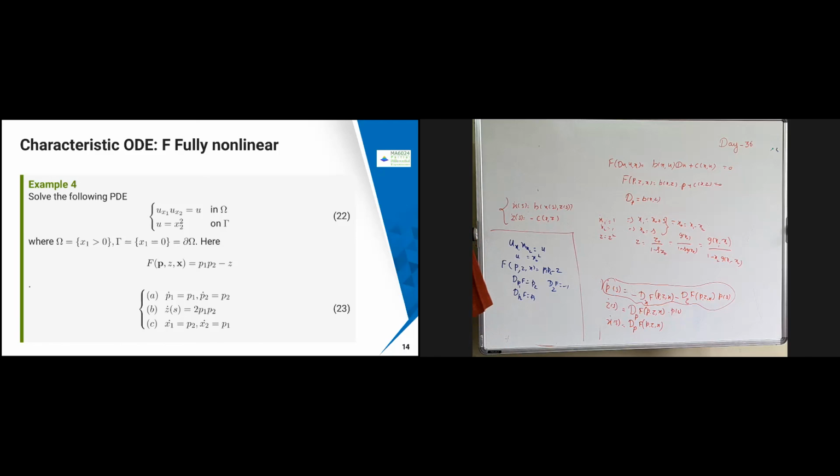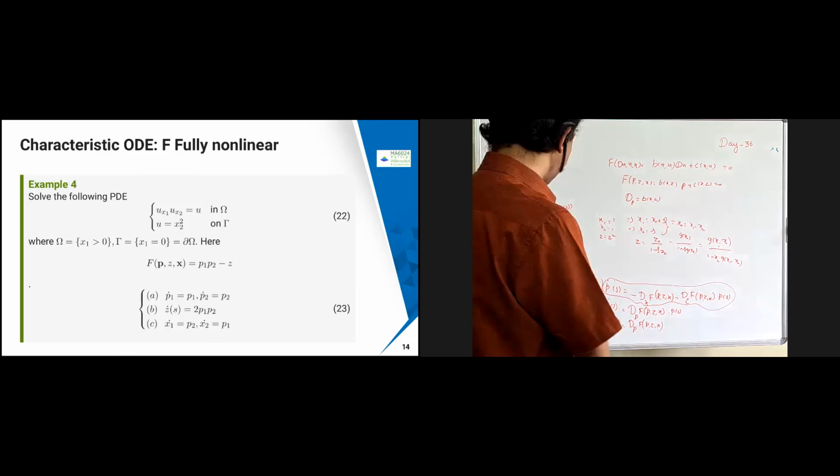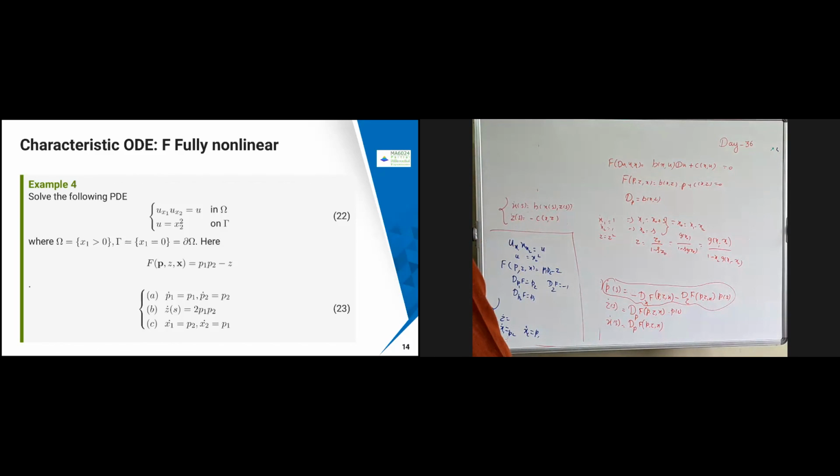Okay, so let's write this one. So x dot of s is going to become x1 dot equal to p2. Okay, correct. And x2 dot is going to become p1. And this is going to be z dot. So z dot we got to find. z dot is going to become p dot D_pF, which is p1 p2.